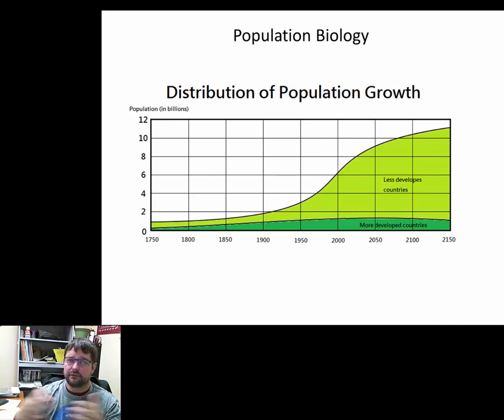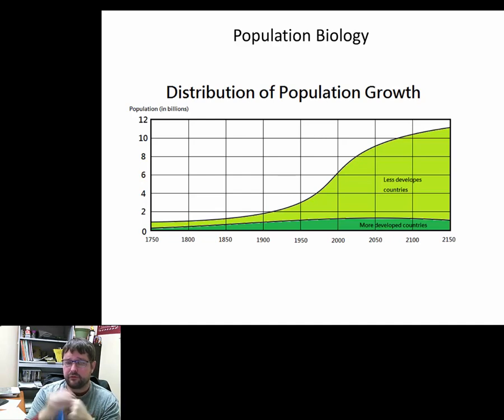If you know much about population biology, you know that it only takes two individuals to replenish the parents. So two children replenish the parents. Or if you're a single parent, one child. So that's all that's needed to keep your population stable.